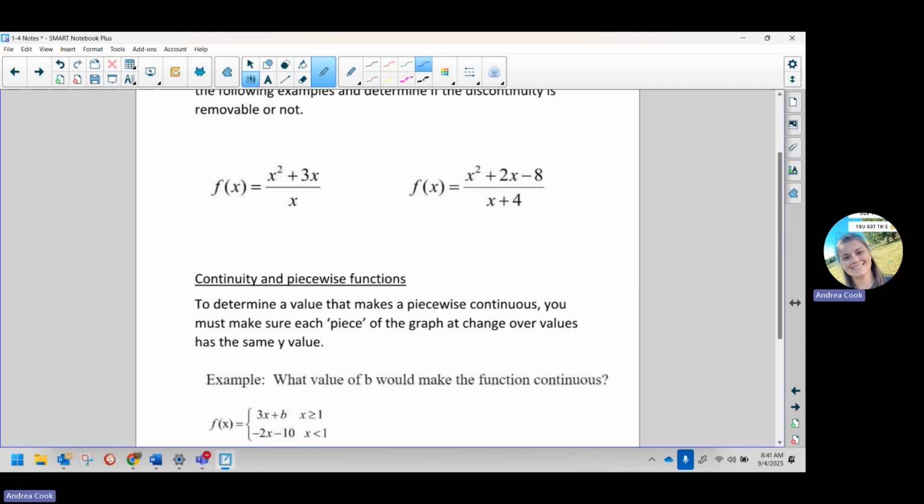So for this one, what is your domain? What can x not equal? 0. Because we have a fraction, the denominator can't be 0. All right, now I want to know what's happening at 0. So I'm going to factor this.